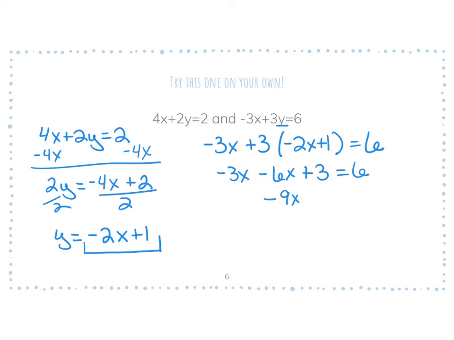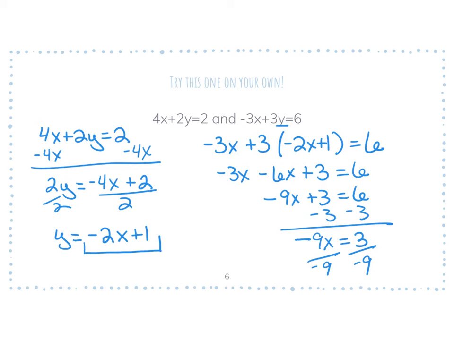Negative 9x plus 3 equals 6. Subtract 3 from each side. Negative 9x equals 3. And then divide by negative 9, which is going to give us x equals negative 1/3.